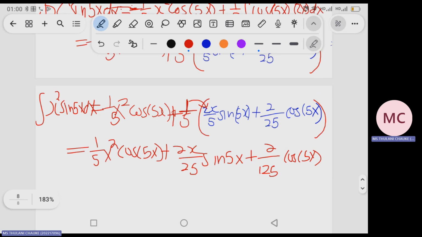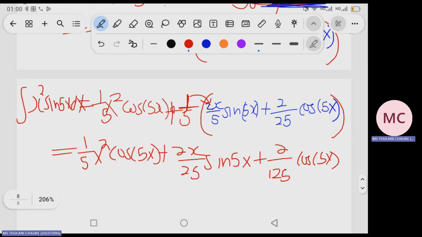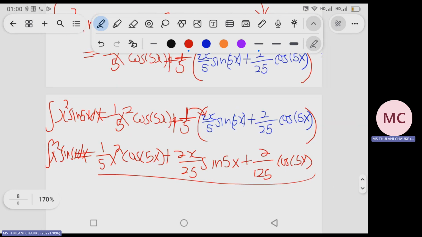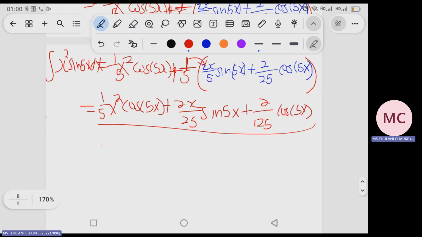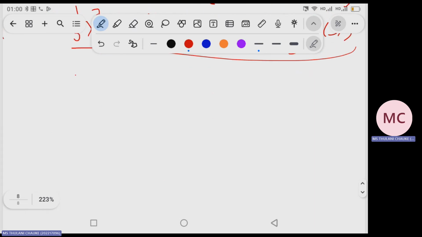So this will be our final answer. So the integral of x squared sine 5x dx equals that. And then we'll move to the next question.